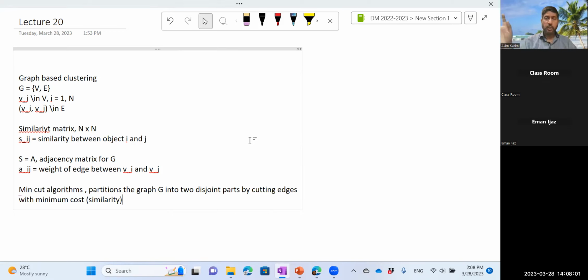Each of those two splits would then become a cluster. And then you can recursively split each of those splits into further two splits and so on. So as such, you can get hierarchical clustering based on bisection. So hierarchical clustering can be obtained by applying min cut algorithm to the adjacency matrix or to the graph.